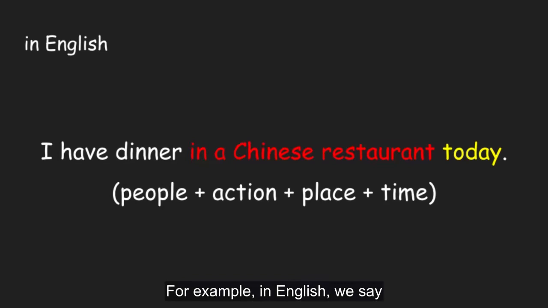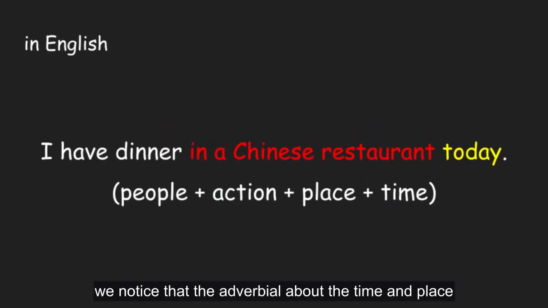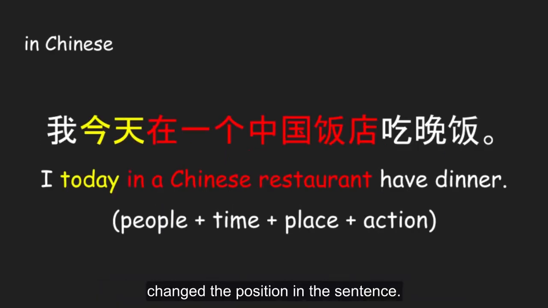For example, in English, we say, I have dinner in a Chinese restaurant today. However, in Chinese, we say, I, today, in a Chinese restaurant, have dinner. 我今天在一个中国饭店吃晚饭。We notice that the adverbial about the time and place changed the position in the sentence.